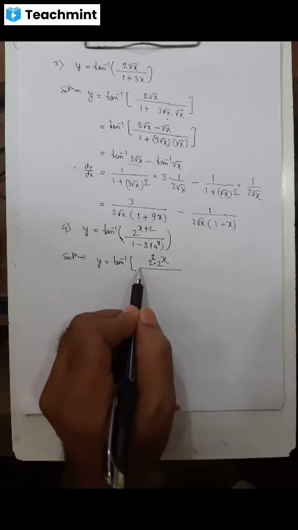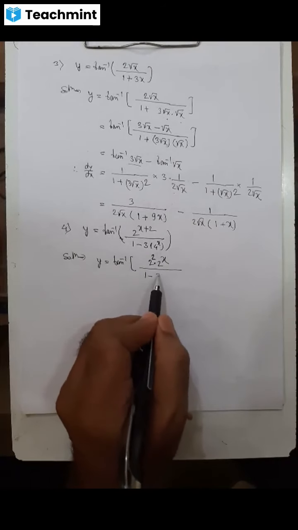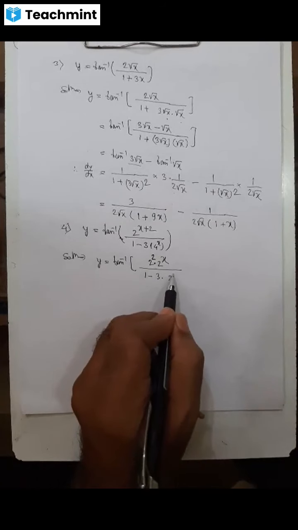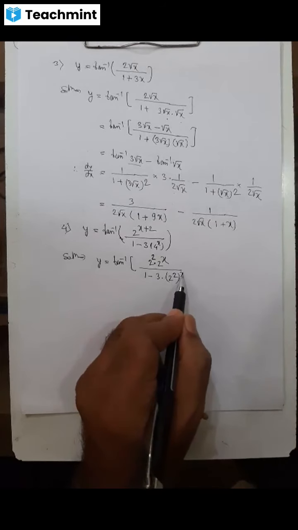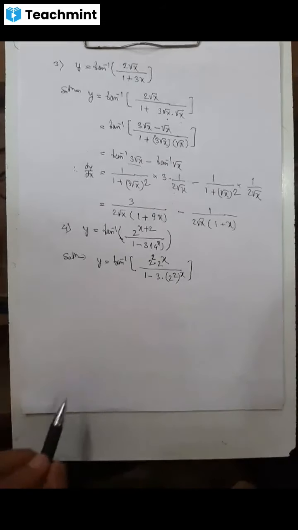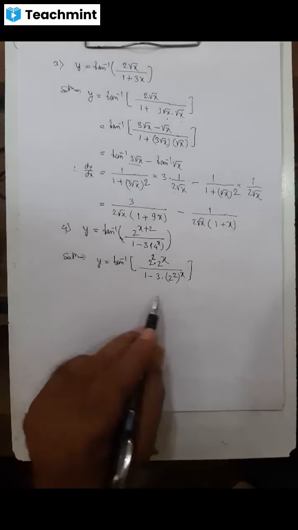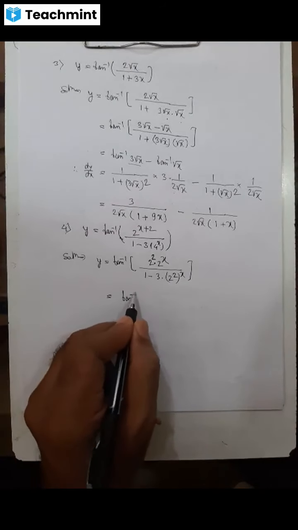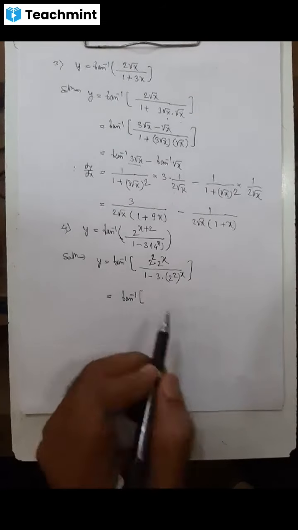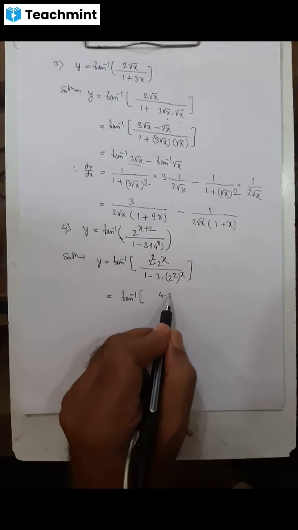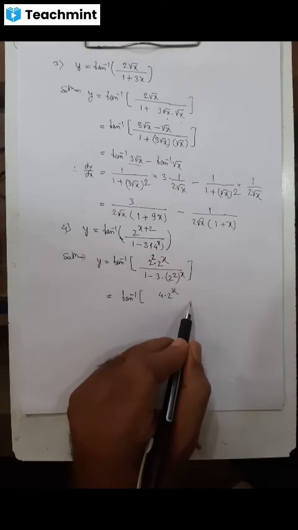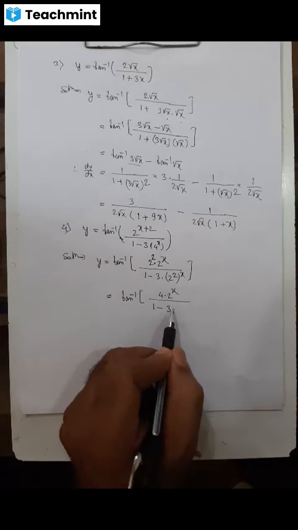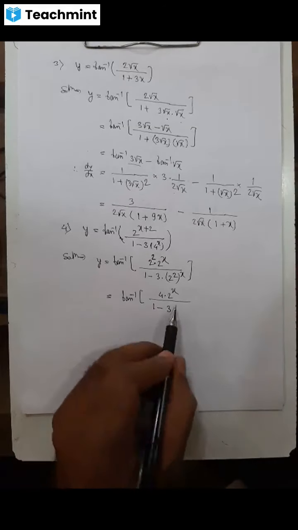And in the denominator, 1 minus 3, 4 to the power x can be written as 2 square its power x, right? So it is equal to tan inverse, 2 square means 4, 4 into 2 to the power x, denominator 1 minus 3 into 4 to the power x.